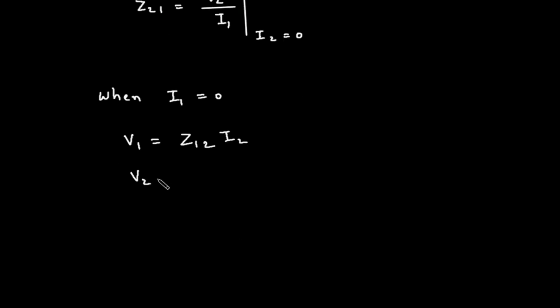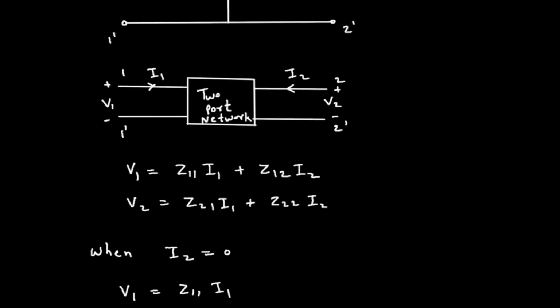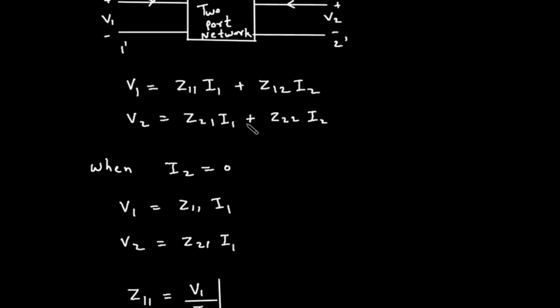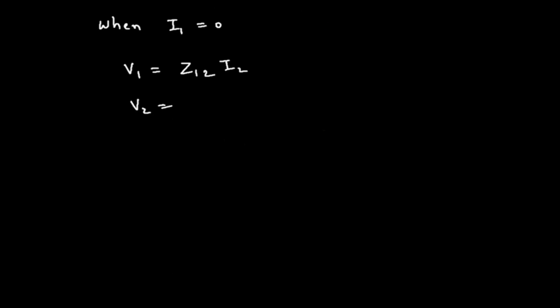Then V2 is equal to, in the second expression, we have to substitute I1 is equal to 0. So this will be V2 is equal to Z22 I2. Now from here we can find the value of Z12.